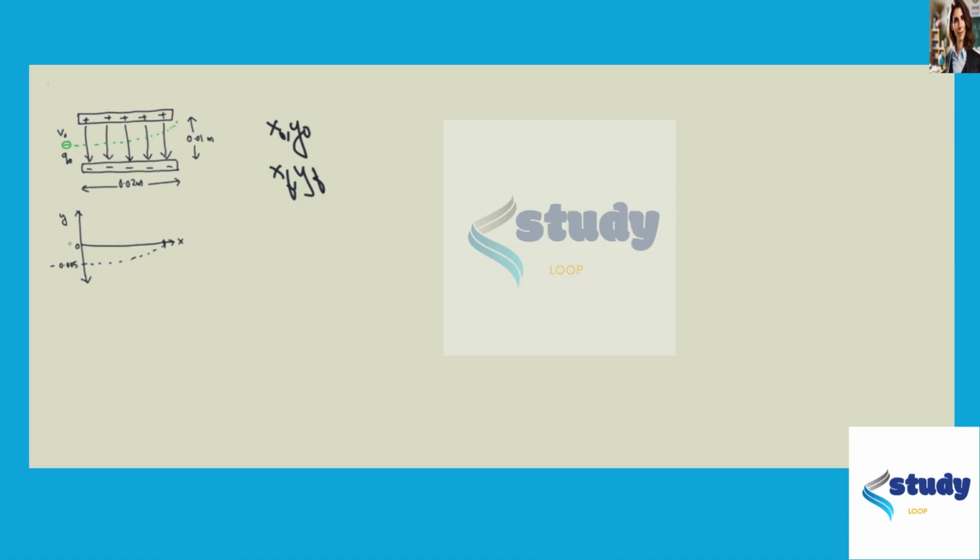As you can see from the graph here, x naught is equal to 0, y naught is negative 0.005 meter, xf is 0.02 meter, which is the total length of this electric field, and yf is 0.